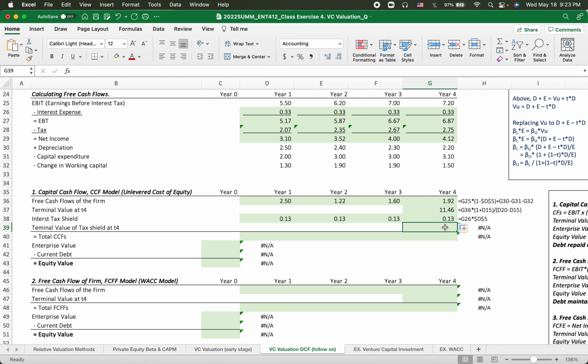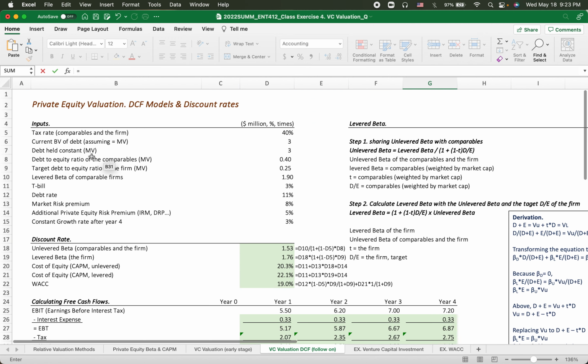Let's drag. Now I know we need to make an assumption. Let's assume this interest tax shield recurs forever, because we assume the debt will be constant.